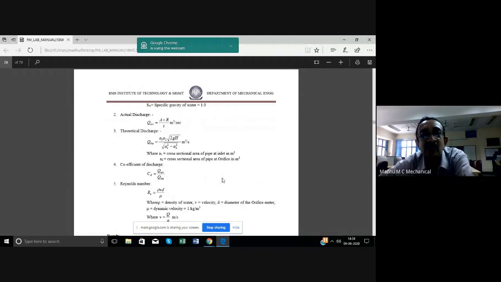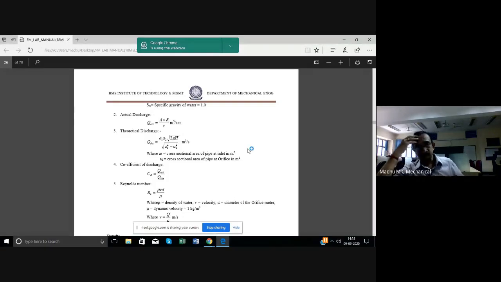A1 is equal to pi by 4 D1 square. A2 is equal to pi by 4 D2 square. Both are in meter square. Then calculate CD, Q actual by Q theoretical. It will always be a number less than 1. That's all. Simple it is. You don't need so much time at all.